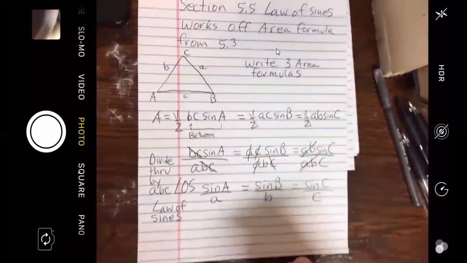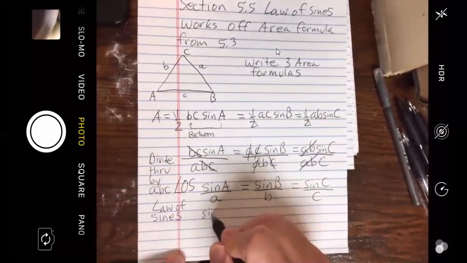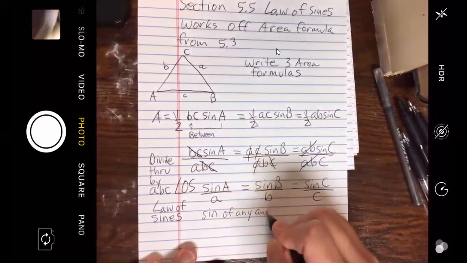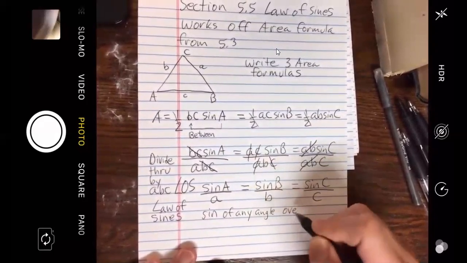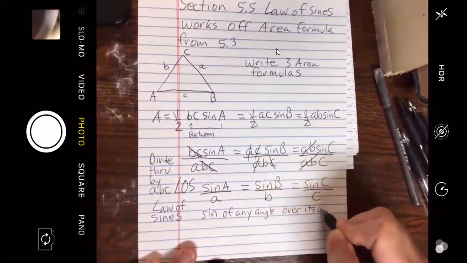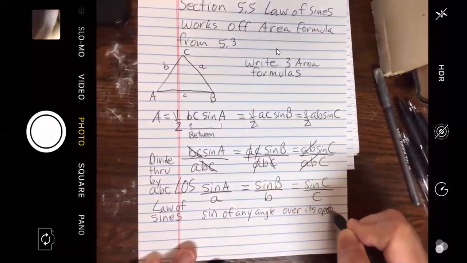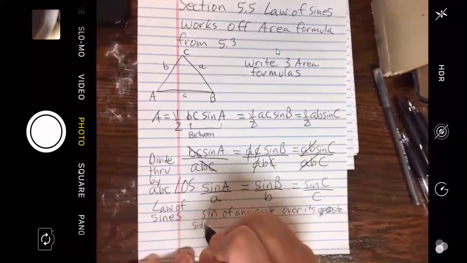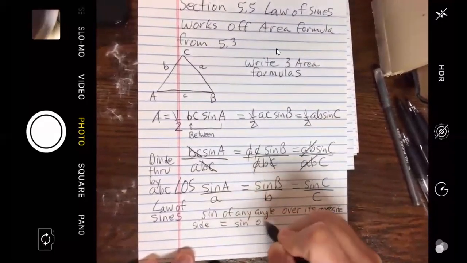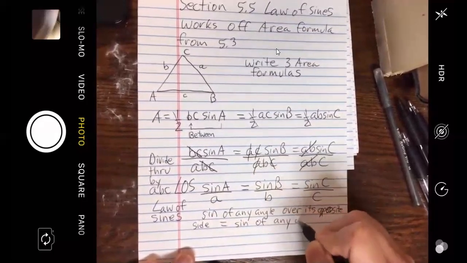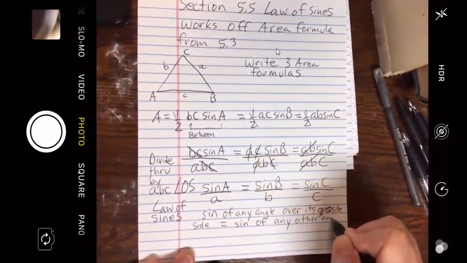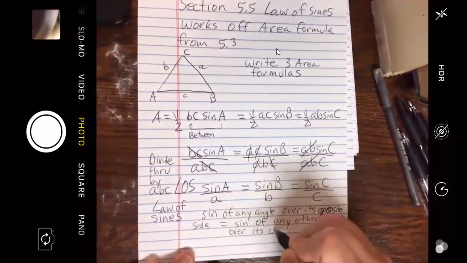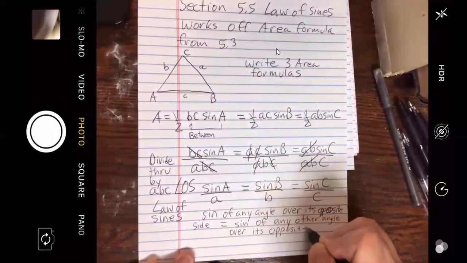It's just a scheme: the sine of any angle over its opposite side equals the sine of any other angle over its opposite side.